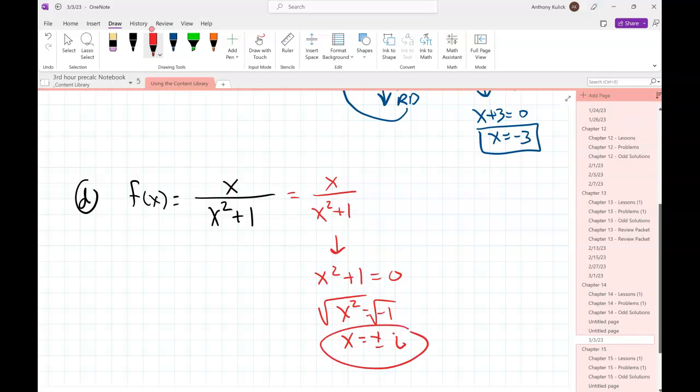Is that a real number? No, it's imaginary, so it's not going to give me a vertical asymptote. So if the denominator has no real solution, it can't be equal to 0 anywhere on the number line. It's not going to create a vertical asymptote. It doesn't create a hole in our domain. This thing is continuous the whole way through. You could draw this with one curve.